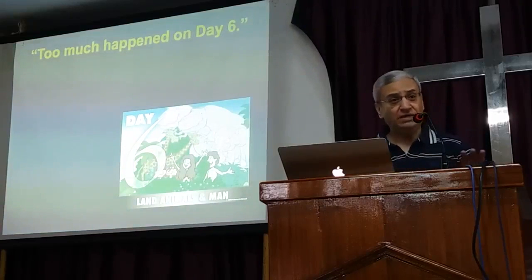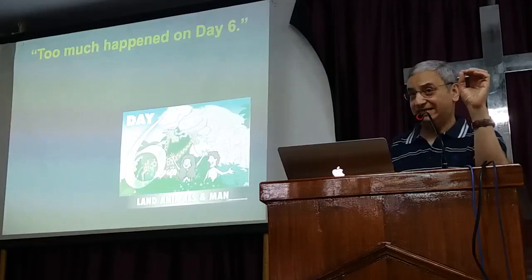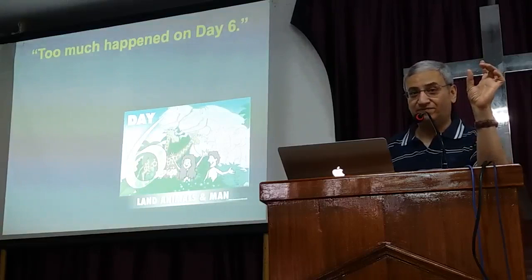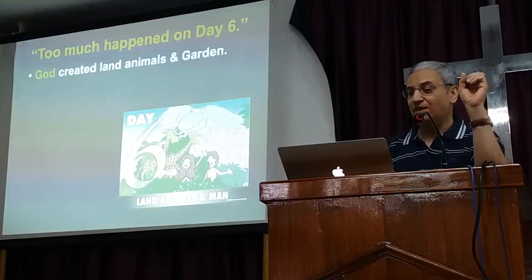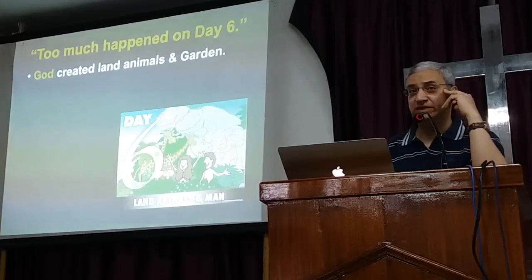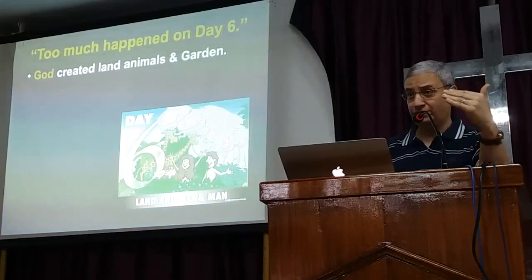So the first thing they ask is, lots of things happened in day 6 that cannot be accommodated in 24 hours. Okay, let us see. God created land, animals, and the garden. Does that need lots of time? No, because God can create with His order.